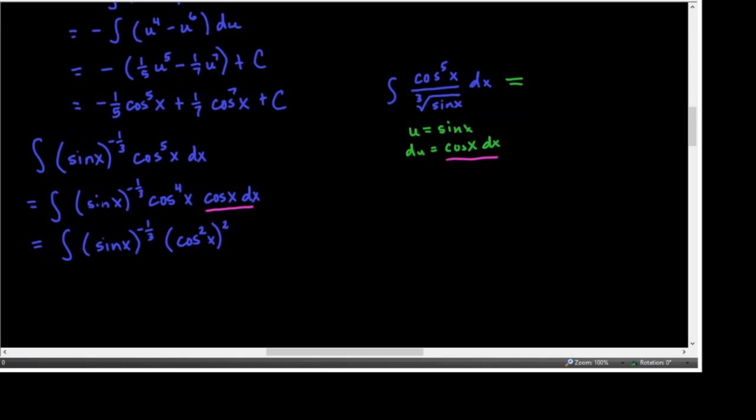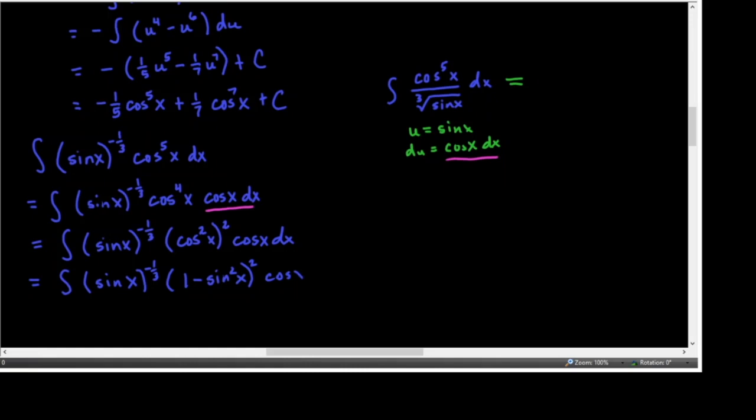Well, the answer, of course, is 2. And the reason you want to rewrite that as cosine squared is because that's replaceable with, according to the Pythagorean identity that we mentioned above, that cosine squared that's inside the parentheses is the same thing as 1 minus sine squared of x. And don't forget that square on there.